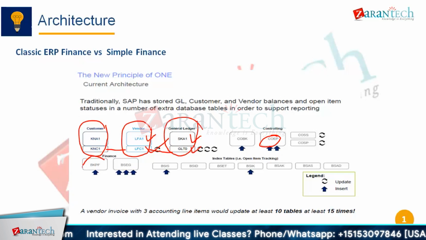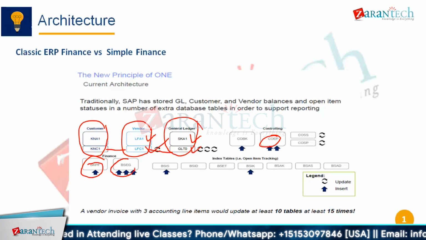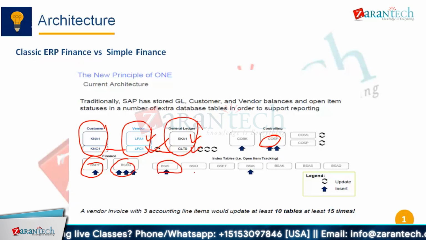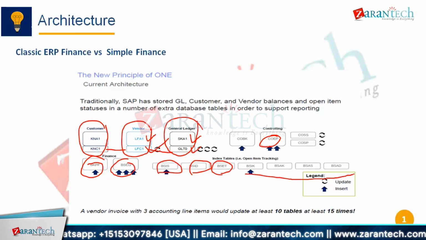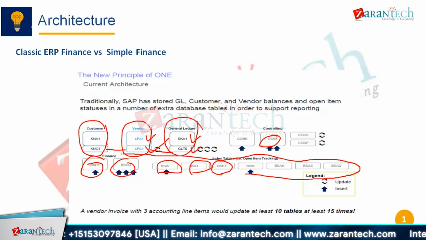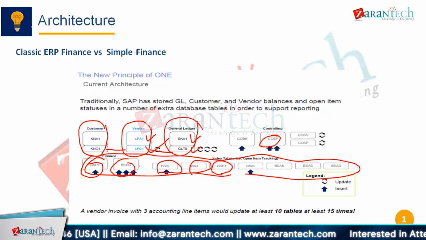These are the transaction-related tables of finance, BKPF and BSEG. Then BSIS is open items for GL, BSID for customer, BSIK for vendor. These are called index tables. So BKPF and BSEG still exist. But let me show you.